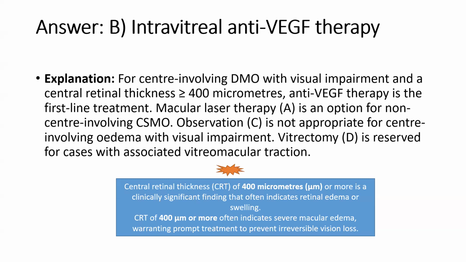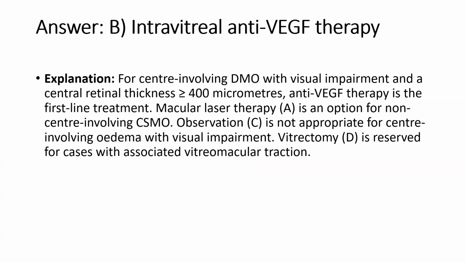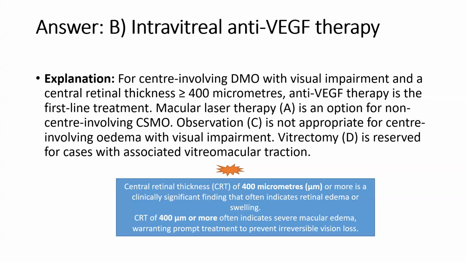A CRT of 400 micrometers or more is a clinically significant finding that often indicates retinal edema or swelling. A CRT of 400 micrometers or more often indicates severe macular edema, warranting prompt treatment like anti-VEGF therapy to prevent irreversible visual loss. And that's why it's very important to note in the question stem what CRT they are mentioning, which will decide our first line management.